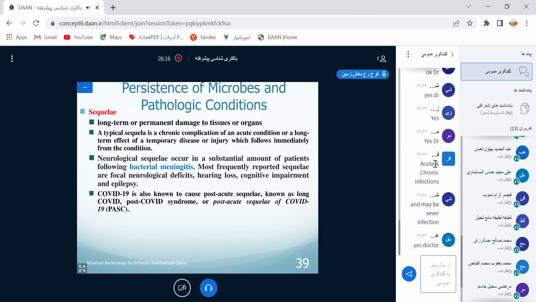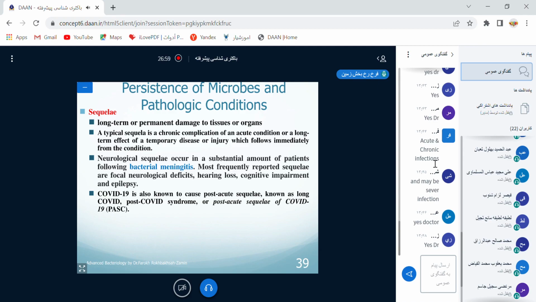For a long time, the pathogen has problems, and for a long time, the immune system tries to remove the bacteria. We call it chronic infection. So when one infection is present for a long time in the body of one patient, it is in the chronic state or situation.